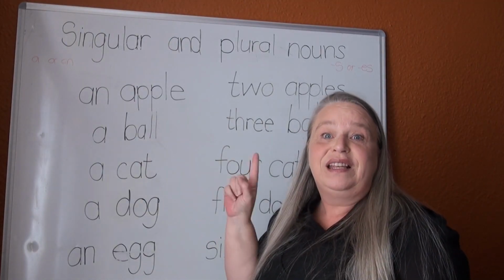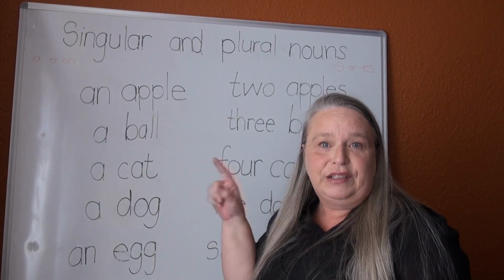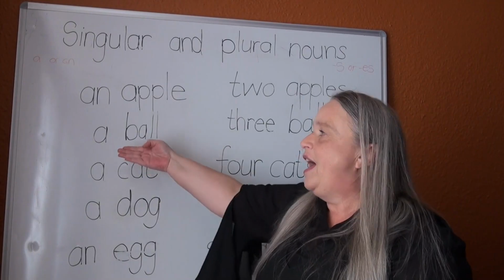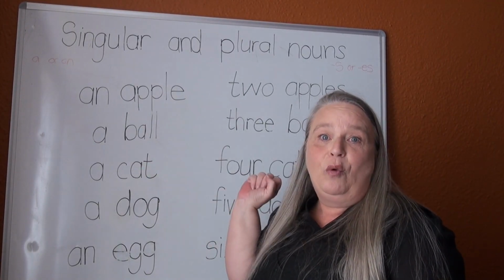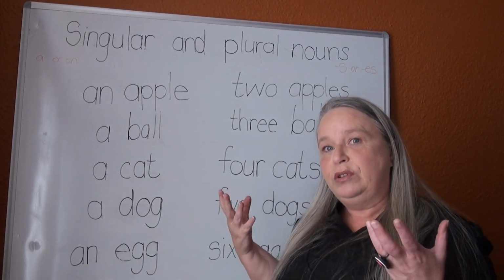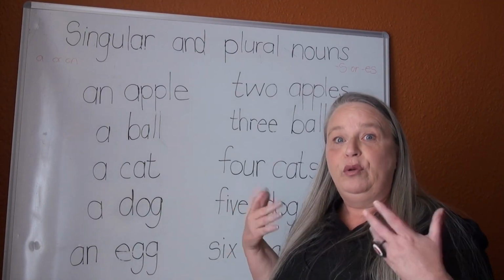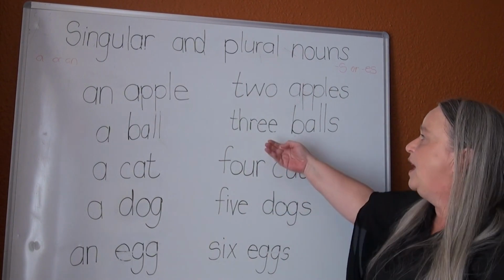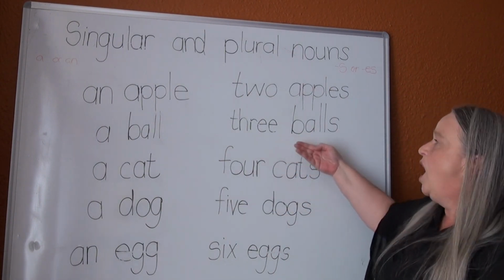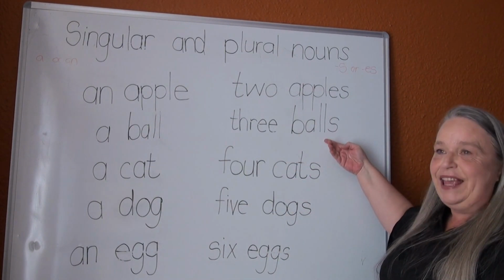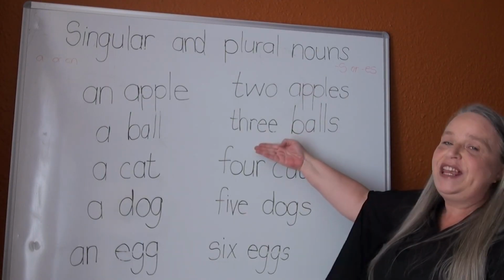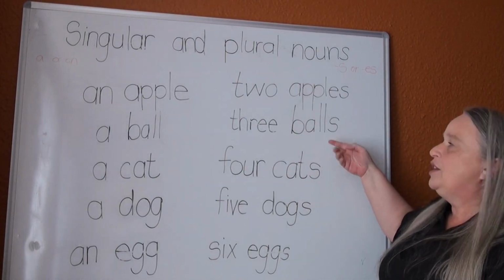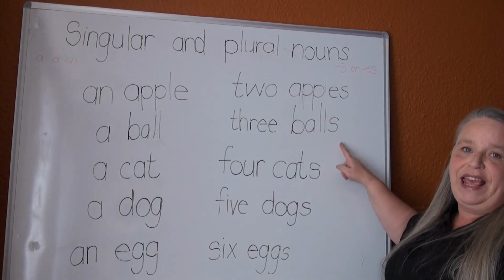That's one singular noun, one ball, a ball. But now, what if we have plural for balls? Plural for ball, more than one or many, we will have three balls. Again, three balls. Do you see the S? Please don't forget the S, okay?